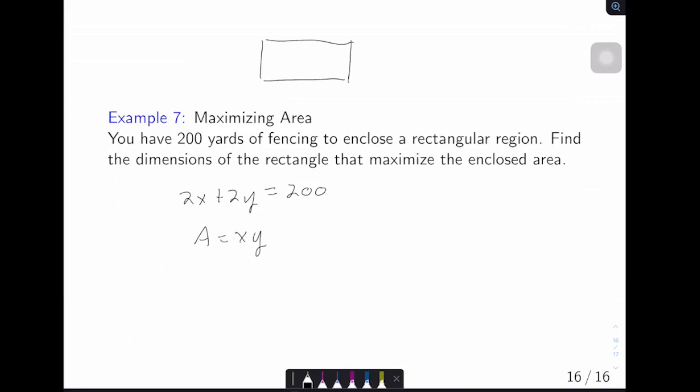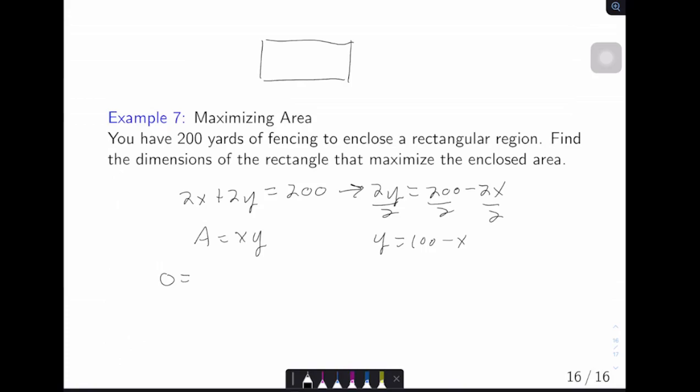So same kind of thing here. This I'm going to subtract my x's. So I'm going to get 2y is equal to 200 minus 2x, or y is equal to 100 minus x. Plug that into the area.